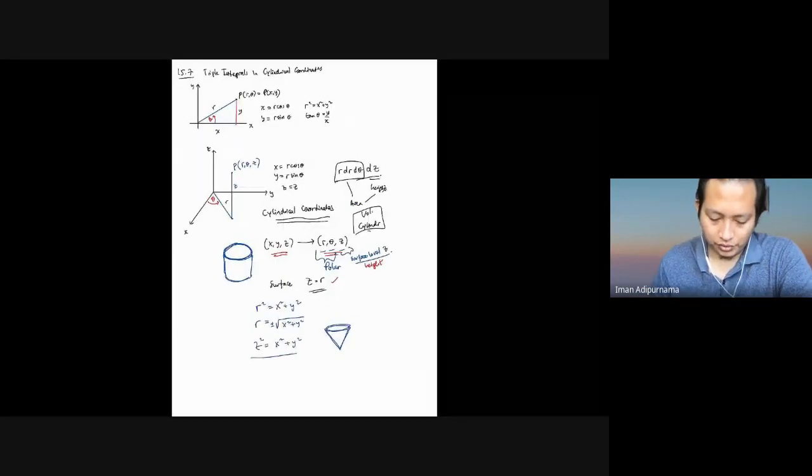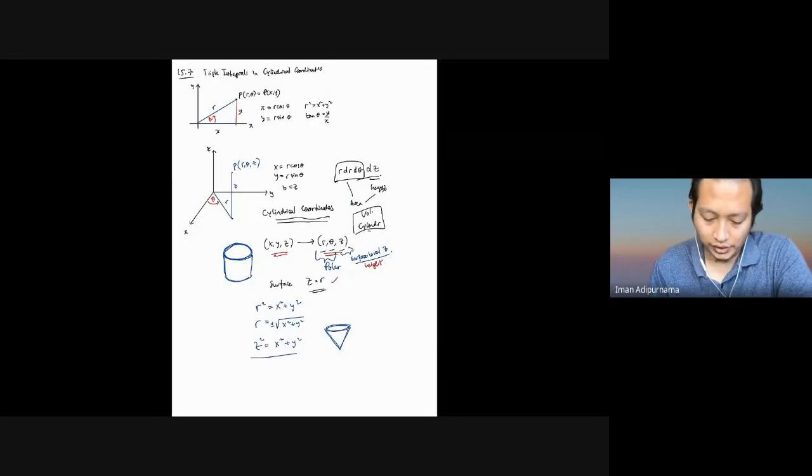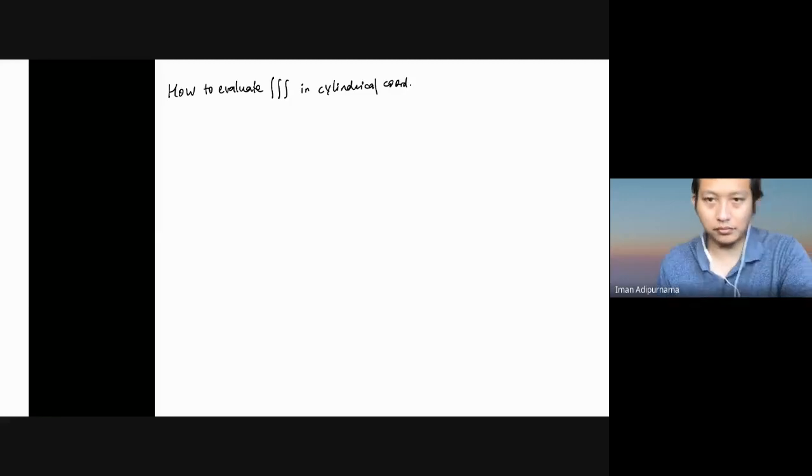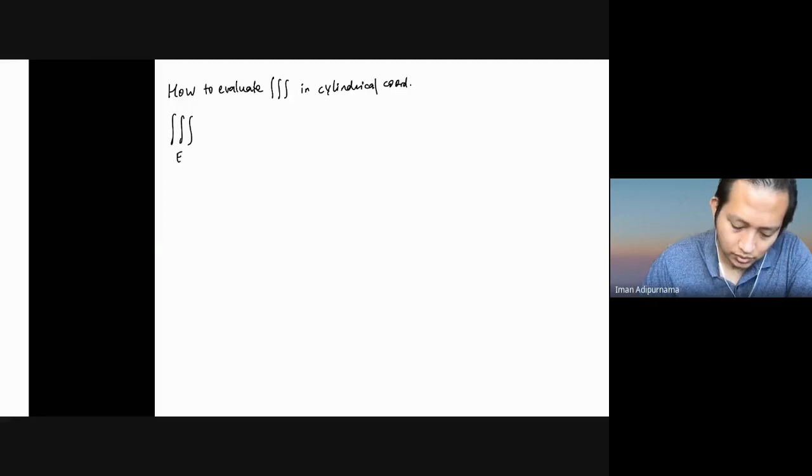Okay, if you want to evaluate the integral, let me show you how to evaluate in cylindrical. Basically, this is the general equation. Let me write the triple integrals.